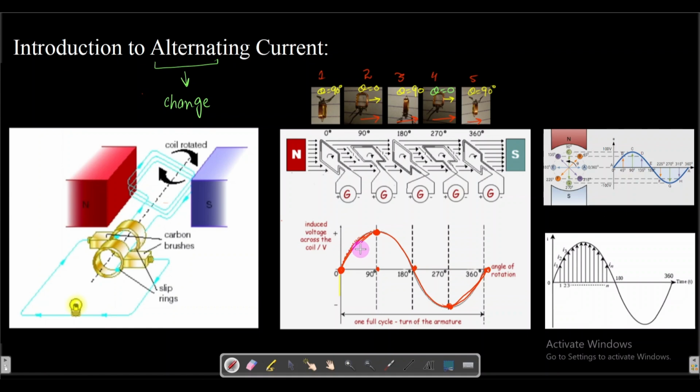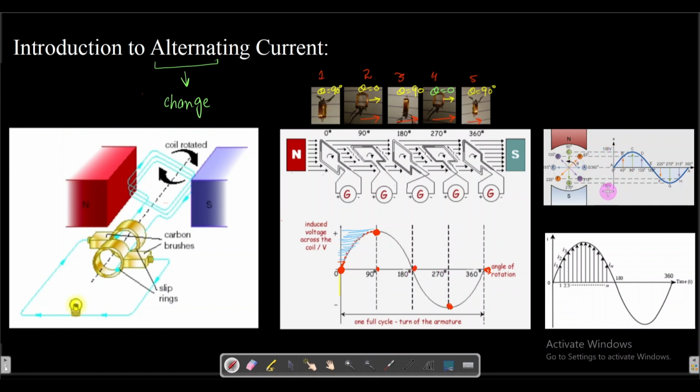For the first degree we will have some magnetic flux value and EMF value. For the second degree we will have some EMF value. Similarly for the other degrees we will have some EMF value, and therefore we will have about 90 EMF values, an instantaneous EMF value for each data point. And if we draw that, it will give us the sinusoidal wave.